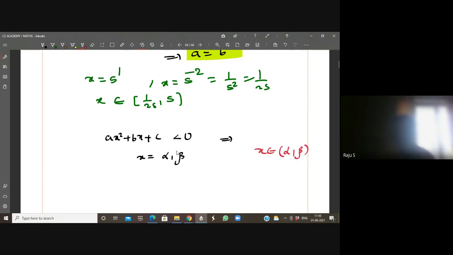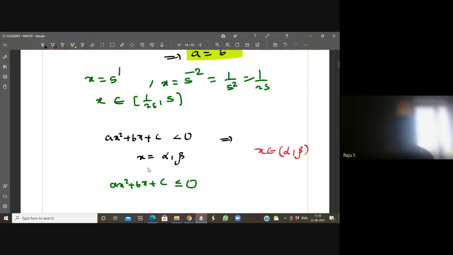All of you concentrate here. The same expression ax square plus bx plus c, we can take the interval only for inequalities. If it is equal to 0, alpha comma beta are just the roots. Next, the same less than or equal to 0.